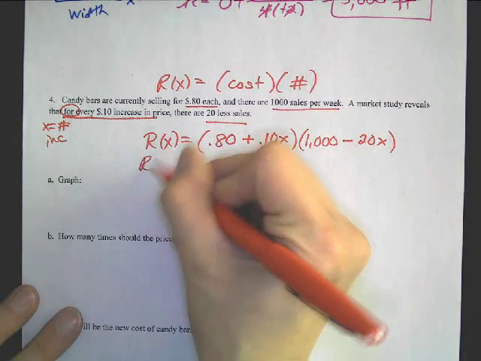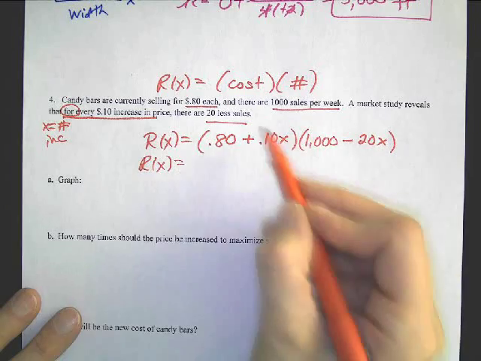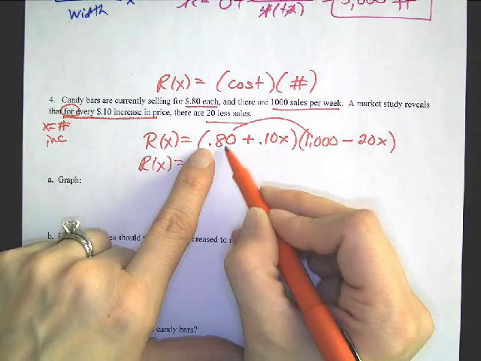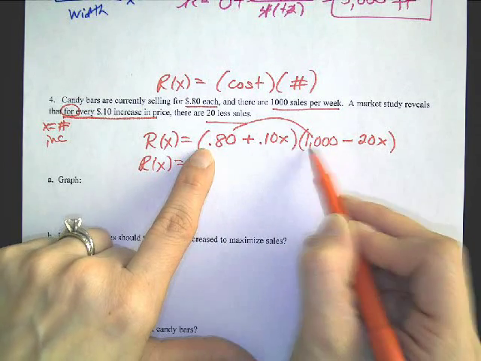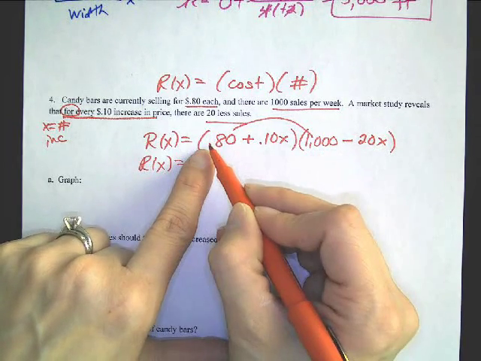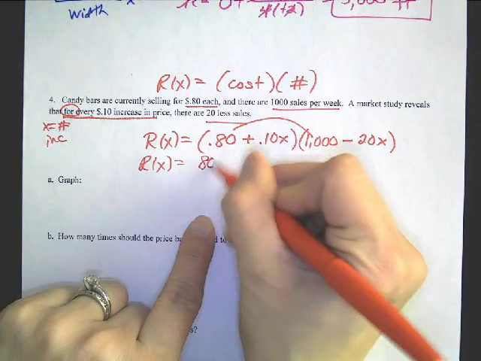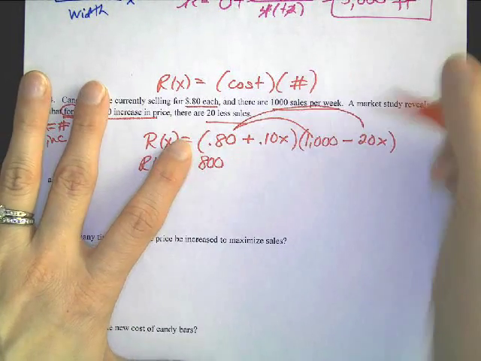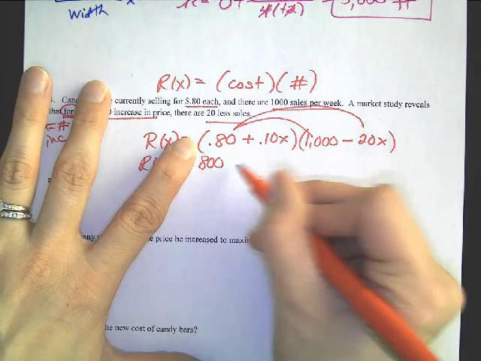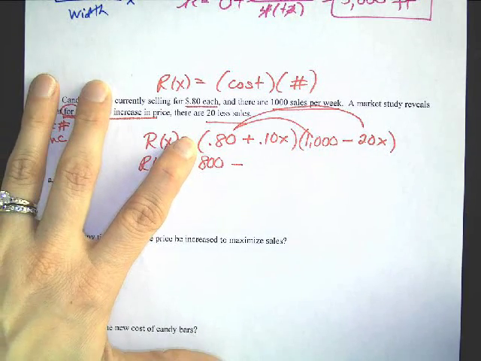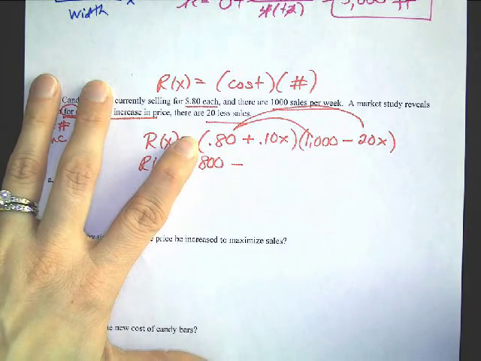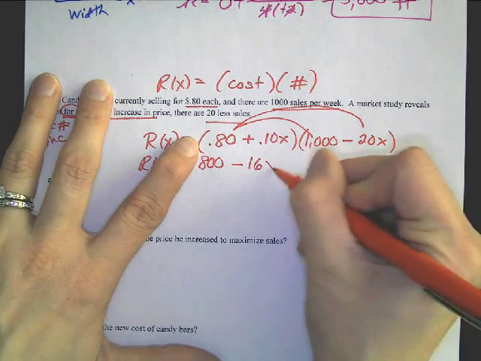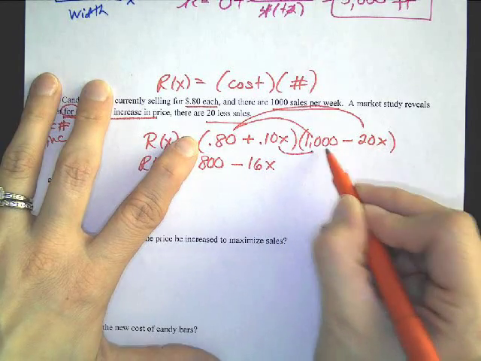Let's go ahead and multiply this out. If you multiply by 1,000, take the decimal and move it how many places? 3 zeros, 3 places. 1, 2, that's 800. Okay, outers: negative 16x. How about the inners?